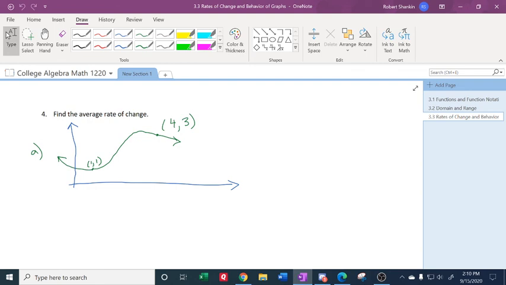Okay, 15 seconds more. All right, let me have you stop. So what we're going to find when we find the average rate of change is we're going to find the slope of this line that goes through those 2 points.